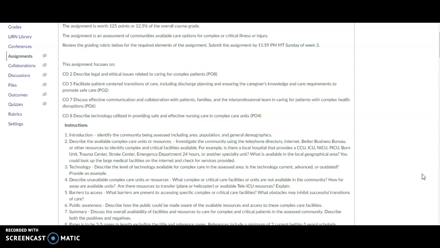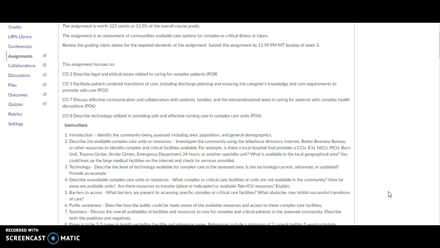So you're picking an area where you live and include that information, include the population and general demographics. Demographics are things like cultural diversity, white collar workers, blue collar workers, that type of information that sort of describes the community you are looking at.